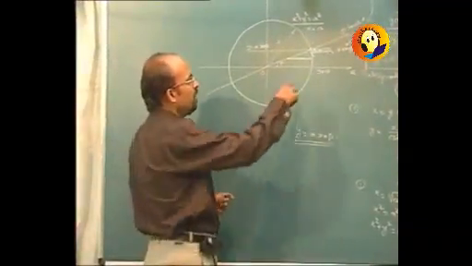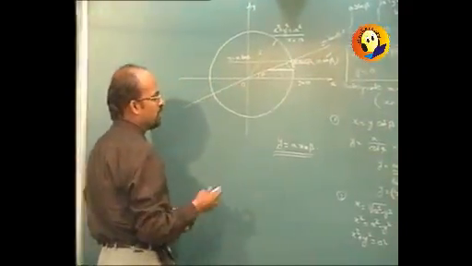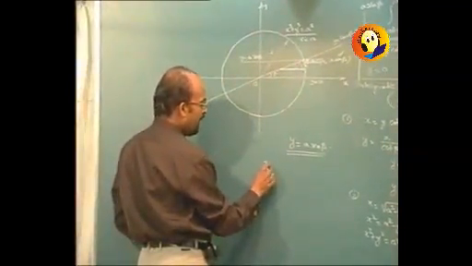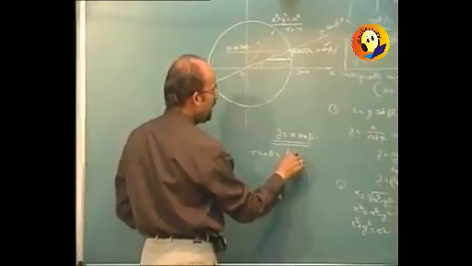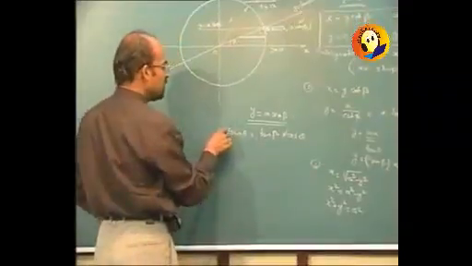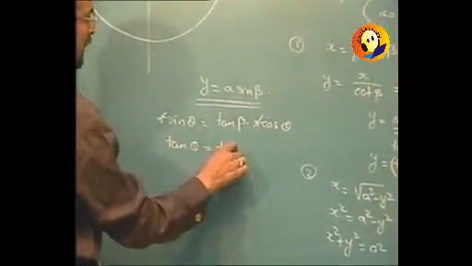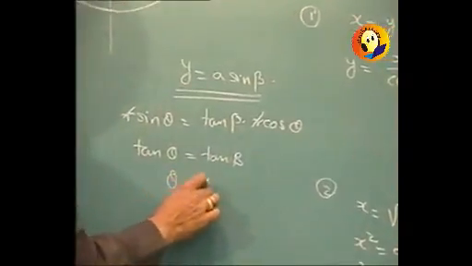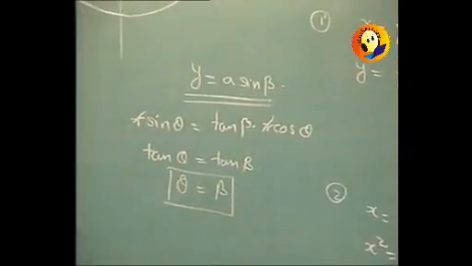The line y equal to tan beta into x can also be interpreted as r sin theta is equal to tan beta into r cos theta. R cancels, and you will find that the equation becomes tan theta equal to tan beta, or theta equal to beta will be the equation of straight line which is passing through origin.